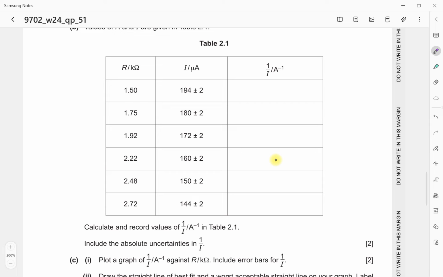The I values are to 3 significant figures, all of them, because even though this is varying, these zeros are a result of rounding off, since the other digits are not zero. So these will all be to 3 significant figures.